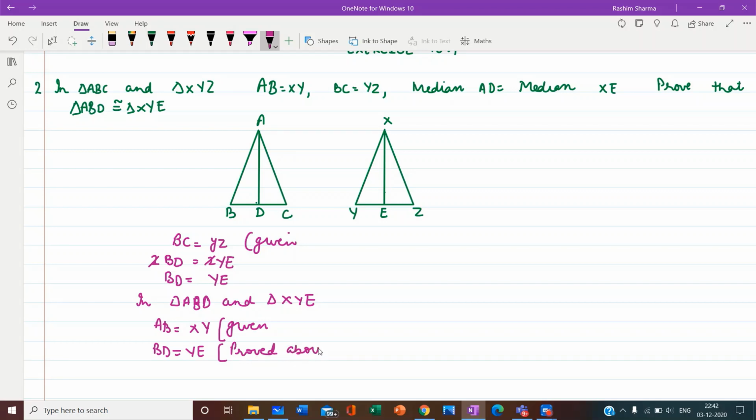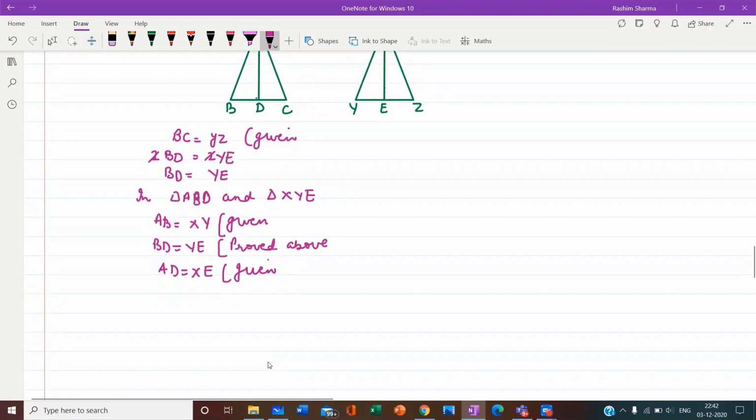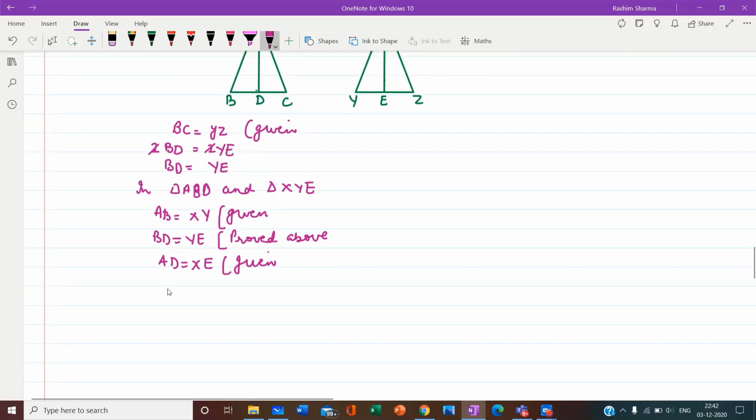And third, the median AD is equal to XE. This is also given. Now we have written the three steps required for congruence of triangles. So we can write, therefore triangle ABD is congruent to triangle XYE by SSS rule.